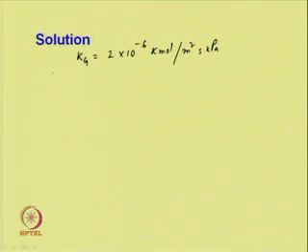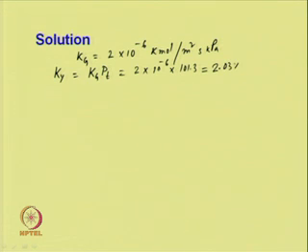And we know that capital K y is equal to capital K g P t, which is equal to 2 into 10 to the power minus 6 into 101.3 kilopascal. 1 atmosphere is 101.3 kilopascal, which is equal to 2.03 into 10 to the power minus 4 kilomole per meter square second.